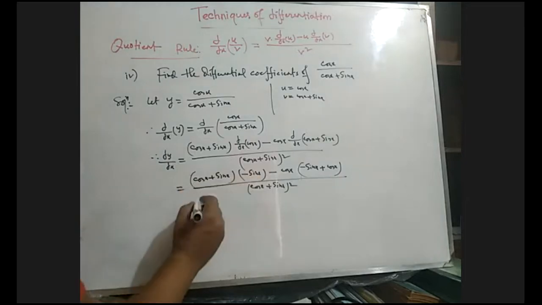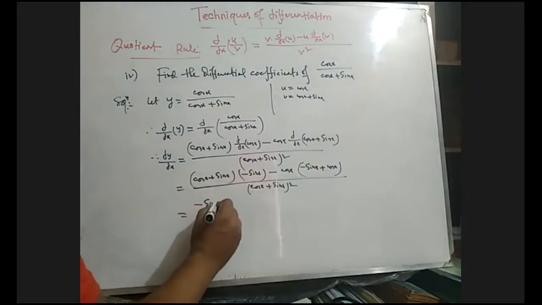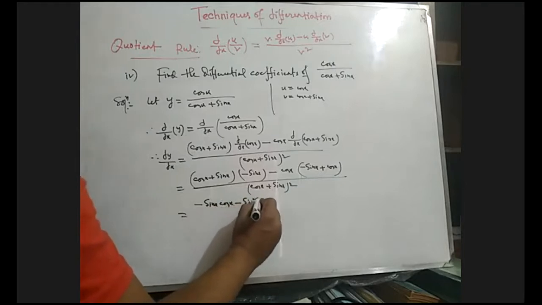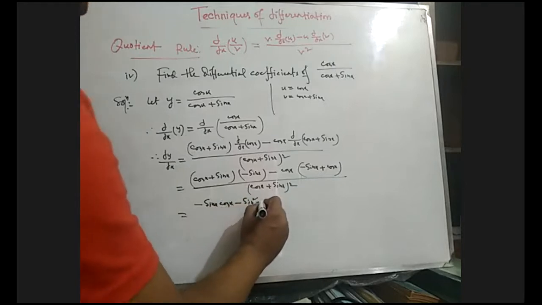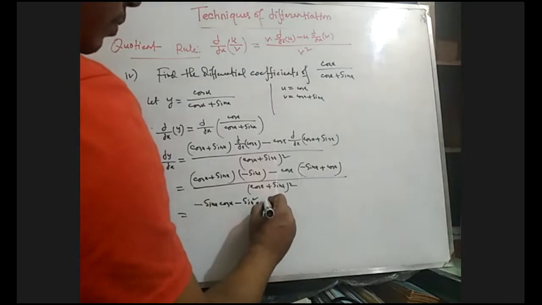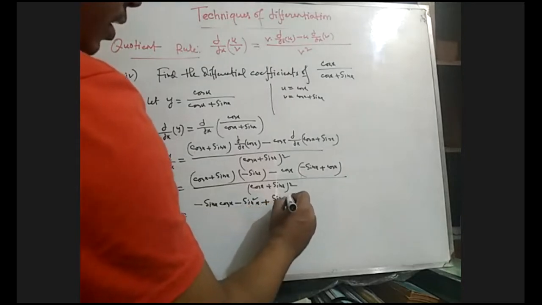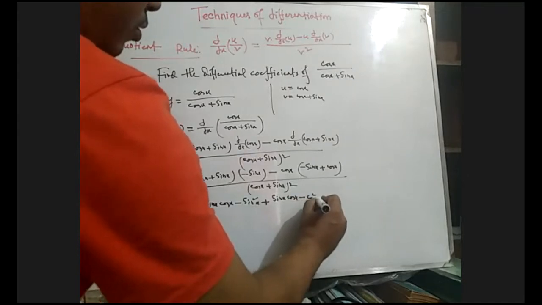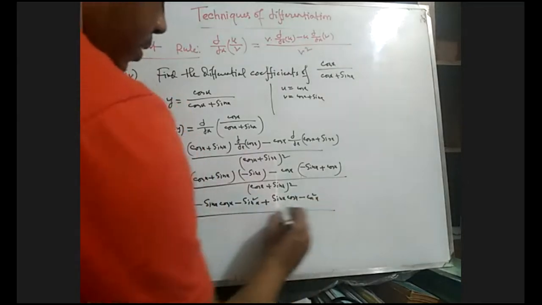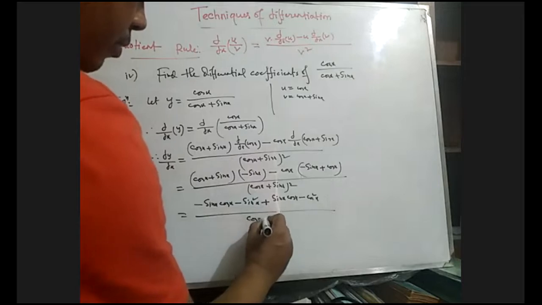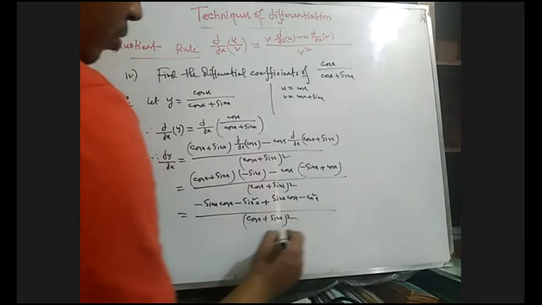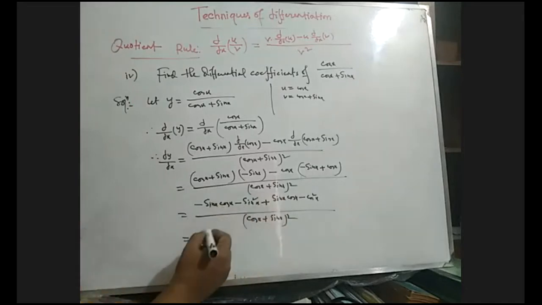Now multiplying: minus sin x cos x minus sin square x, minus plus sin x cos x minus cos square x, divided by cos x plus sin x whole square. This cut, okay, and minus 1 will be common.